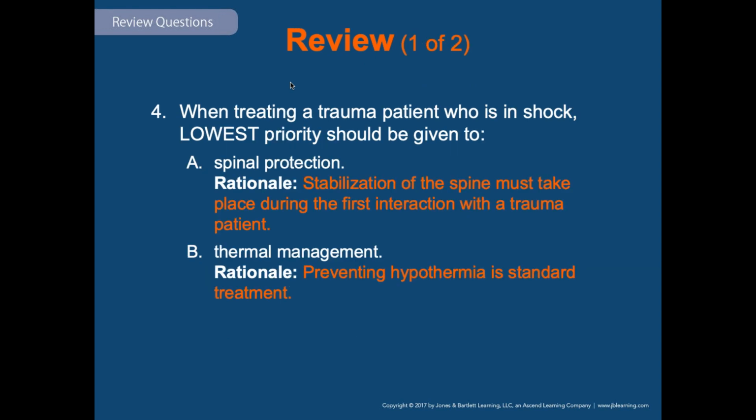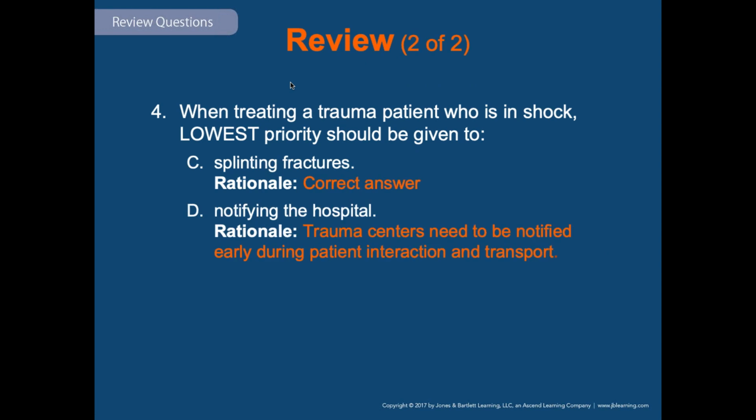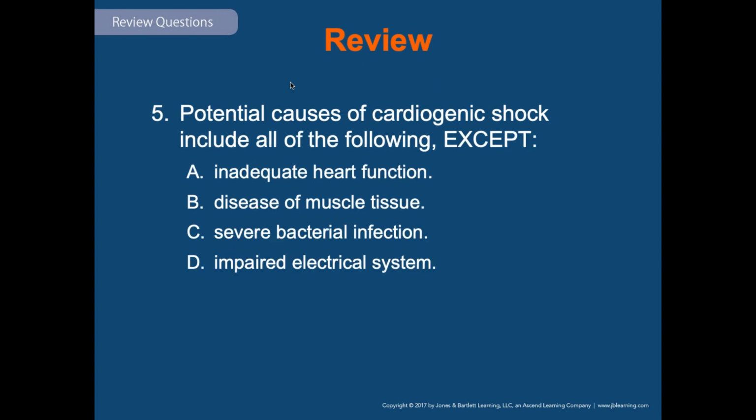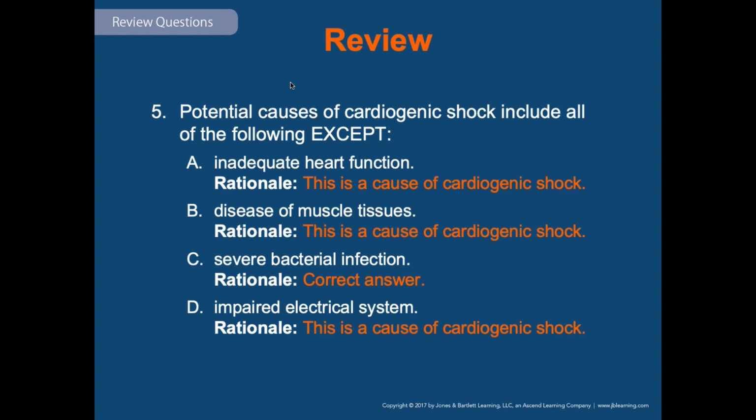The answer is C. So critical intervention for a trauma patient in shock should include final precautions. As you can see the rest here. All right. Number 5. Potential causes of cardiogenic shock include all the following except... C. Cardiogenic shock is caused by inadequate function of the heart or pump failure.